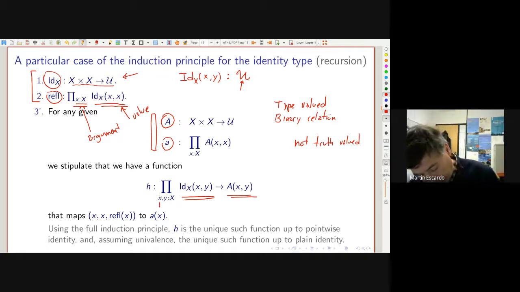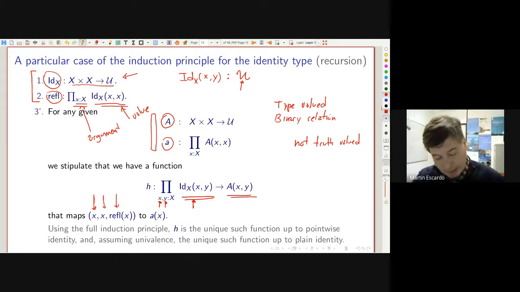So this is the first argument of the function, second argument of the function, and you can think of this as the third argument of the function. So it will map this triple, x, x, and the identification that relates x to itself, to the alternative candidate of REFL.